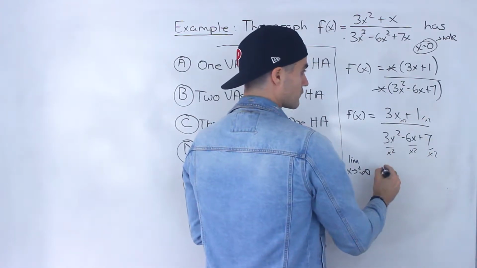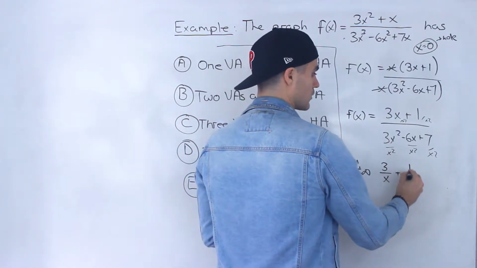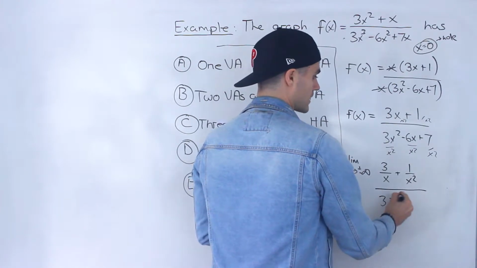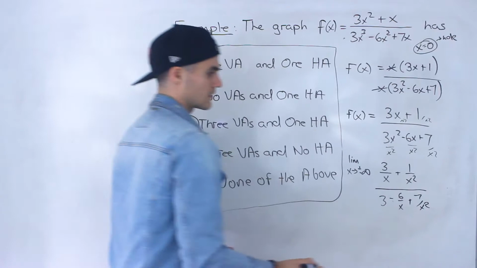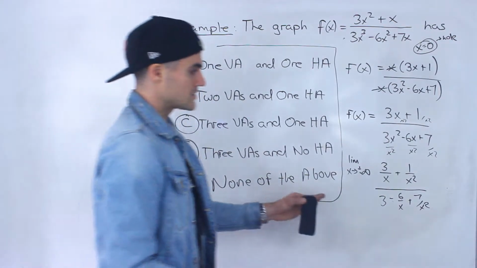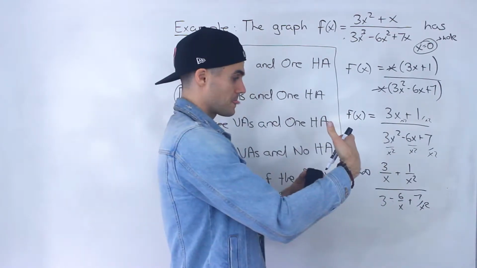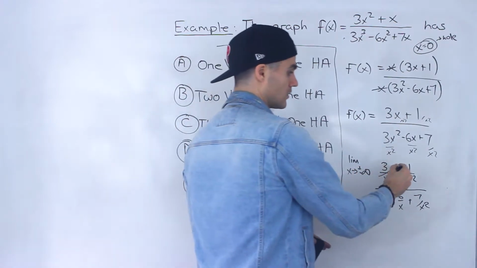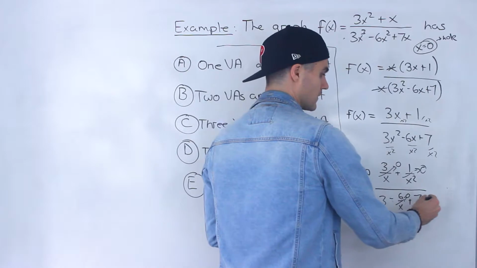So what would we have? We would end up having 3 over x plus 1 over x squared, all over 3 minus 6 over x plus 7 over x squared. And now notice that when we have a constant over x to the power of a positive exponent, as x approaches plus or minus infinity, this is going to go to 0, this is going to go to 0, this will go to 0, and this will go to 0.